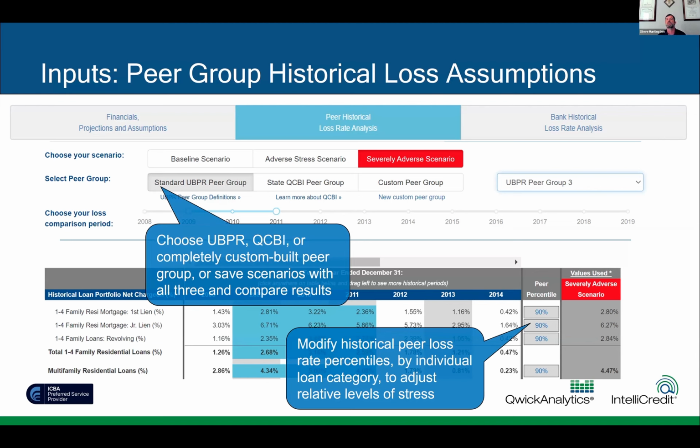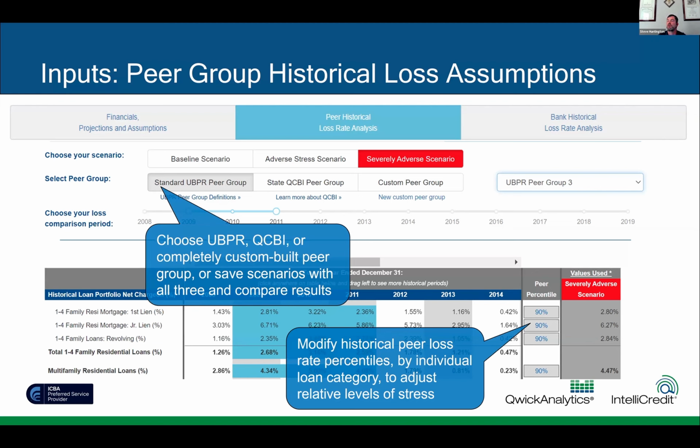That's really not relevant to the losses that you might see during any reasonable credit cycle moving forward. And so building an intelligent, local, custom peer group is critical to getting good, actionable results, particularly for a stress test where we're looking at losses at a very granular segment level.